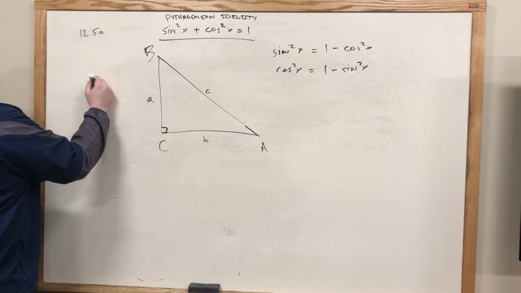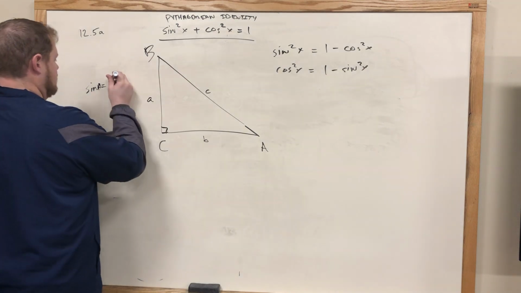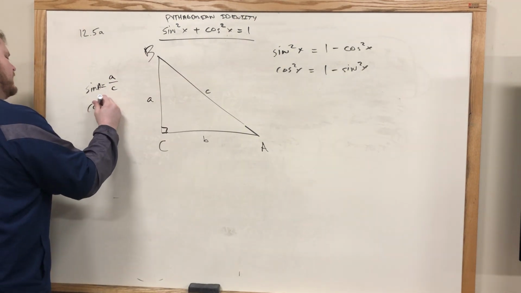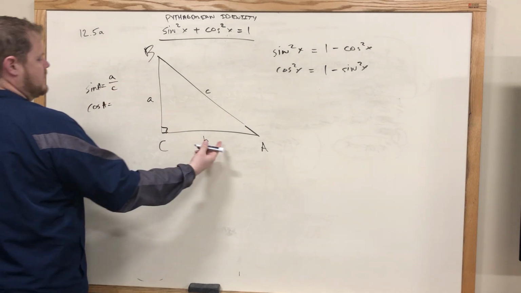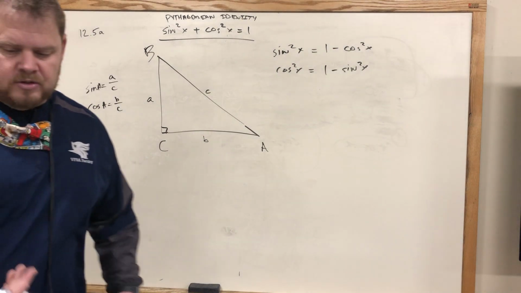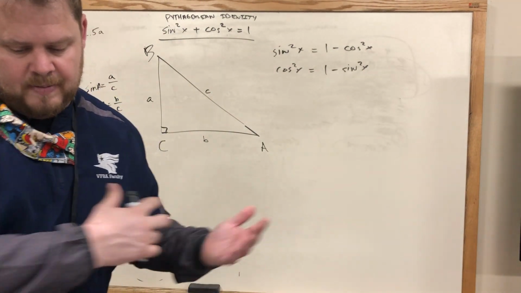Sine A is equivalent to opposite, little a over C. What would cosine A be? Adjacent, which would be B over C. Everybody remembers those concepts, right? Any questions on that?